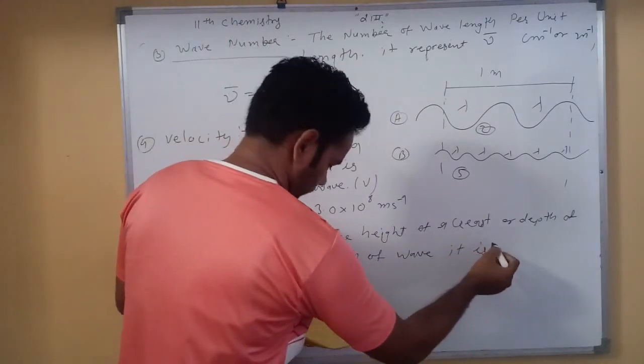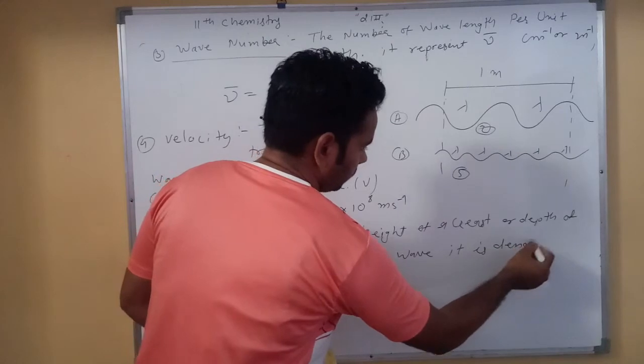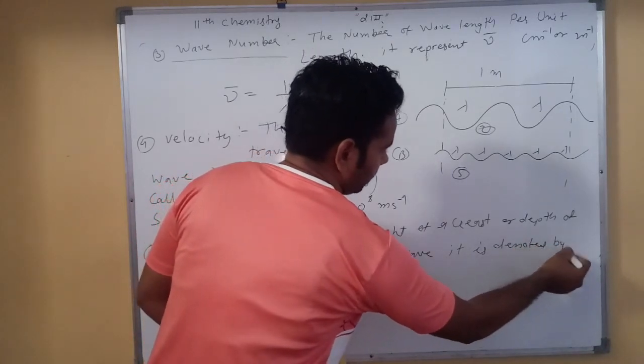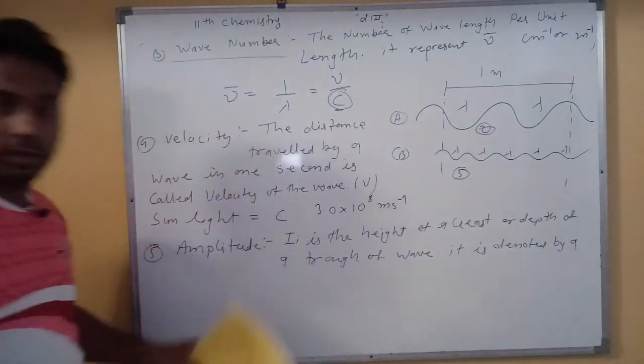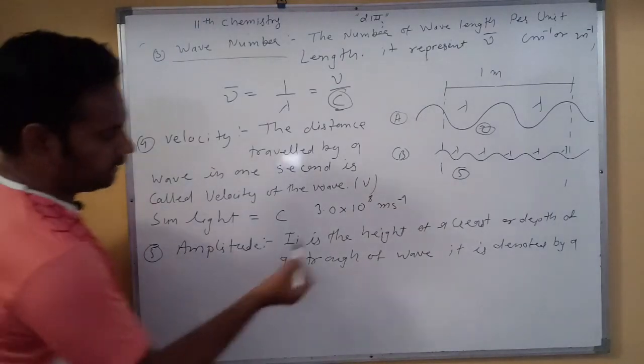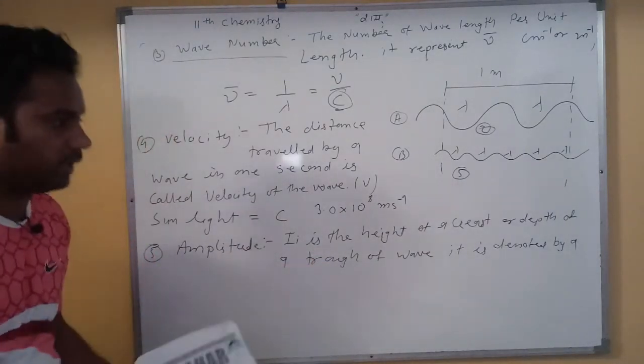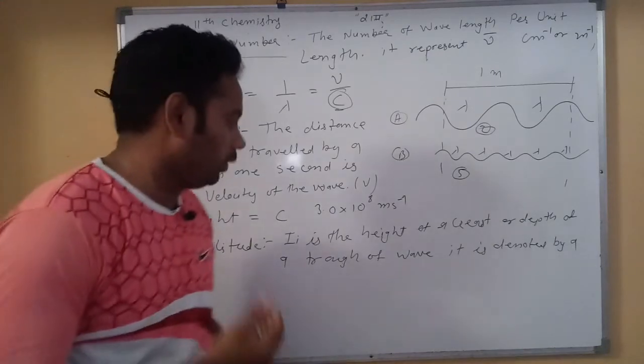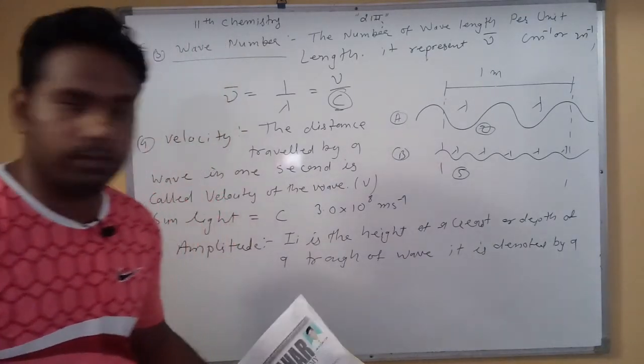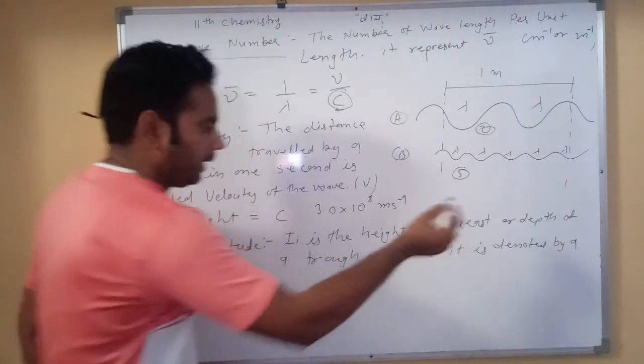It is denoted by A. Okay, so again it is the height of a crest or depth of a trough of a wave, denoted by A.